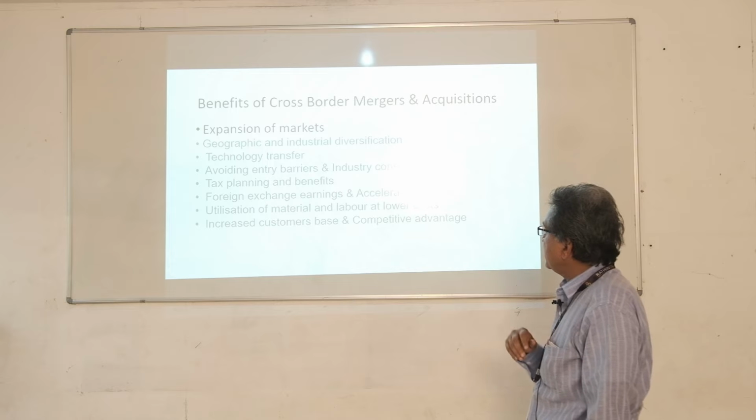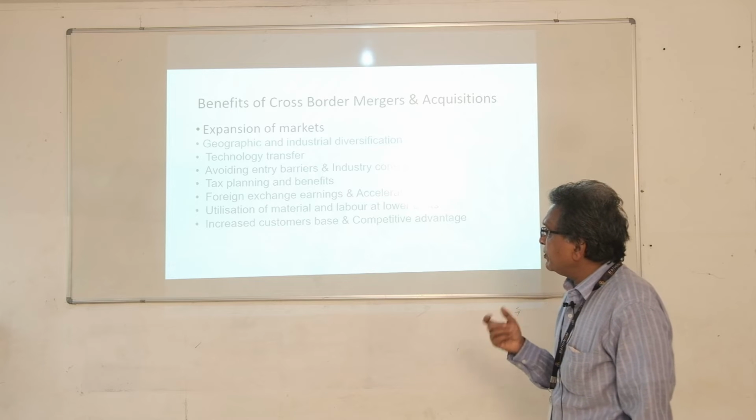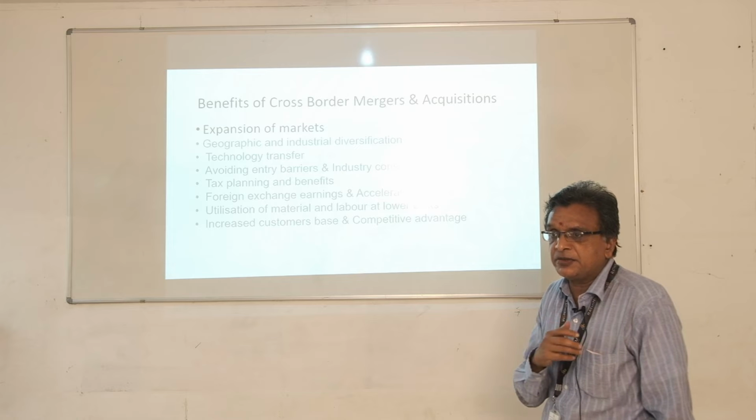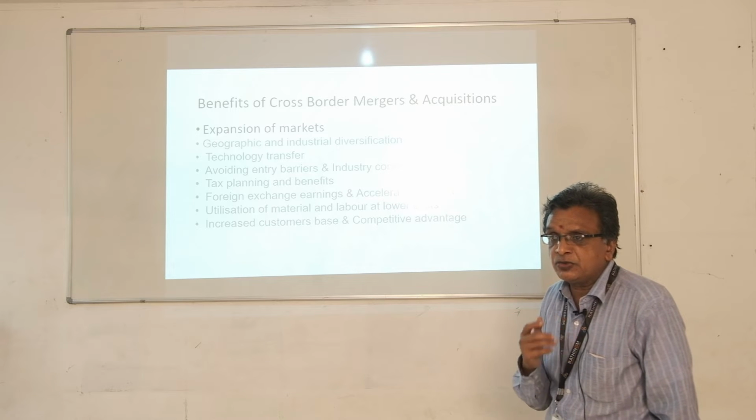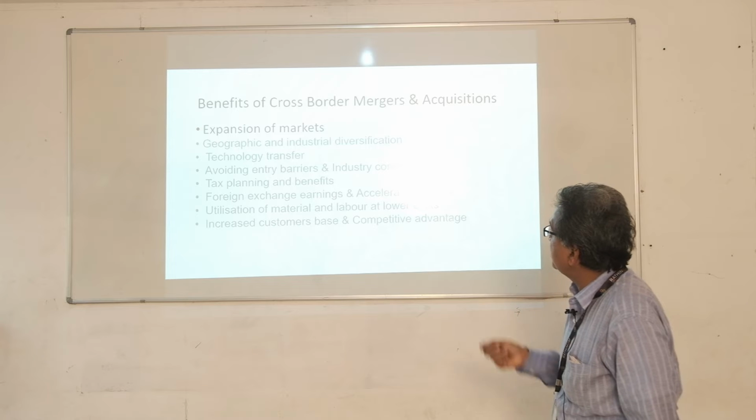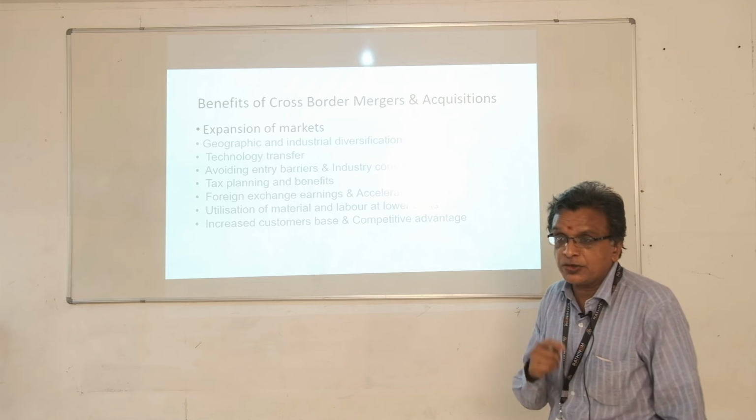Avoiding entry barriers and industry consolidation. Avoiding entry barriers means, suppose you are exporting to many countries, there are some entry barriers. To overcome that, companies use cross-border merger and acquisition as a route to overcome this barrier.